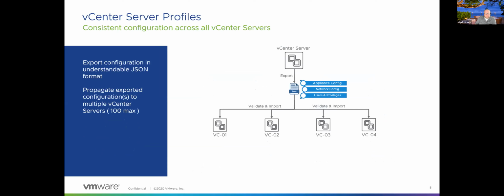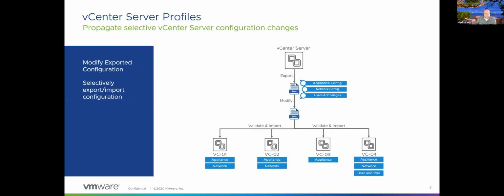As a first step, the export API is run, and that exports the configuration of the vCenter Server. Then you get that as a JSON file, and you can make your edits to that JSON file. When that modification is done, we change those pieces we want, and then we can validate that import.